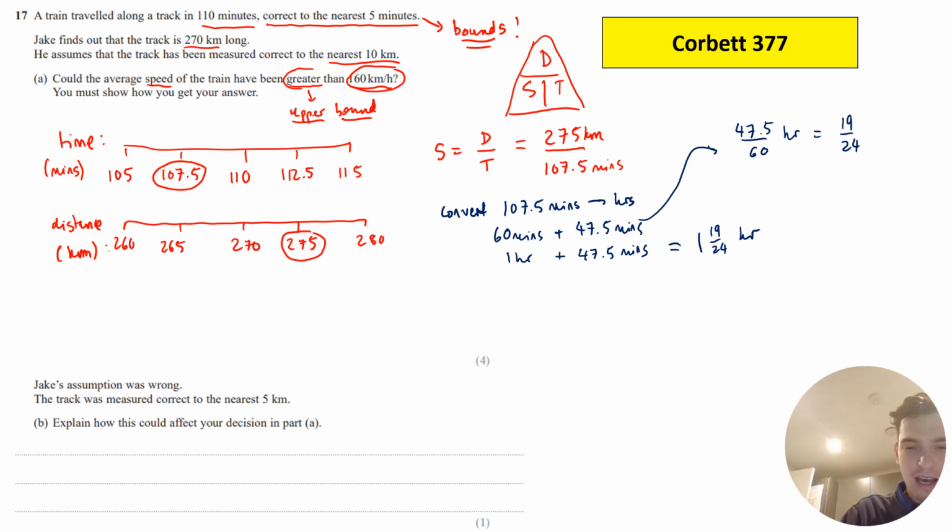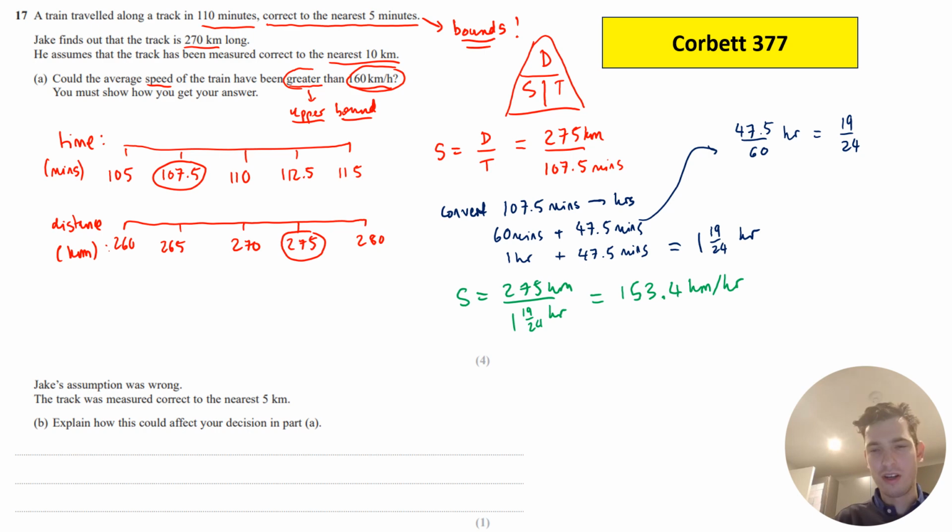So now I'm ready to work out my maximum possible speed. Maximum speed is 275 kilometers over 1 and 19 over 24 hours. And if you pop that into your calculator, you get 153.4 kilometers per hour.